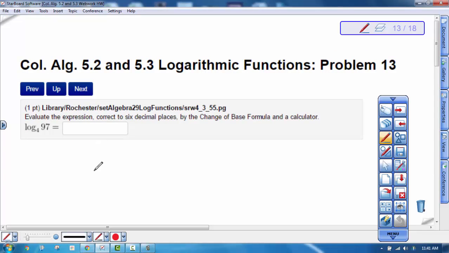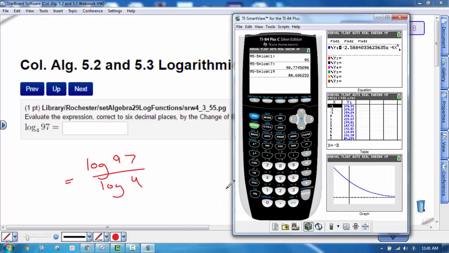Okay, the next problem, if you're going to evaluate this with a calculator using change of base, you can do common log base 10 of 97 over common log base 10 of 4. The reason you can do that is that it's right on the formula sheet. To pull that up in your calculator, I'll show you that these are equal. I'll do it 2 ways.